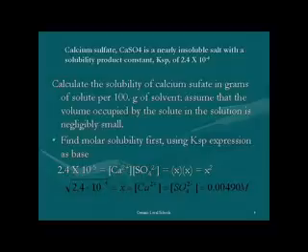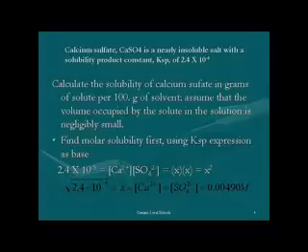So we know that 2.4 times 10 to the negative fifth, which is the KSP value, is equal to the product of the calcium 2+ ion times that of the sulfate ion. Since those are unknown, we're going to substitute x for the molarities, so we'll have x times x, which is equal to x squared.